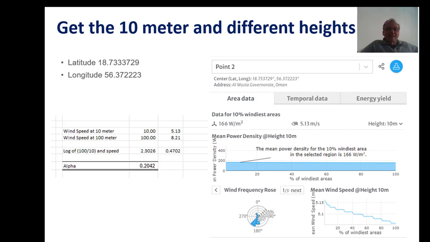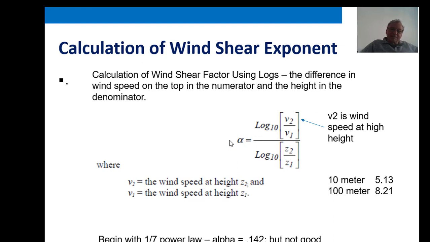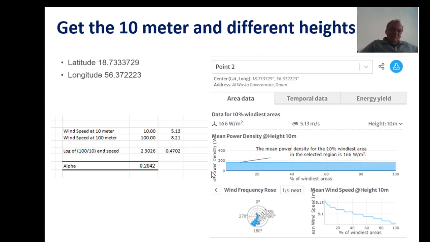Yes, they're the same, okay? And you work through this where you take the log of the Z2 and Z1. Remember, that's the height, and this is the wind, so you can take the log of this divided by the log of 10 and get this alpha, okay? We could start with that one, but I get 0.20.